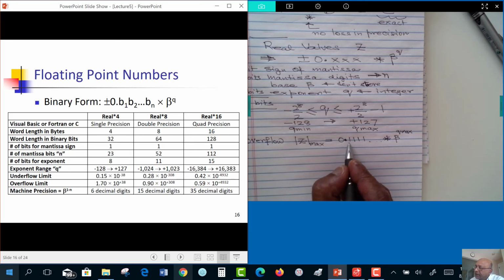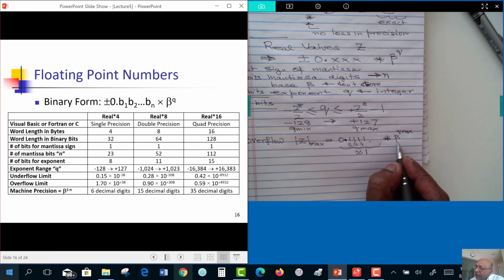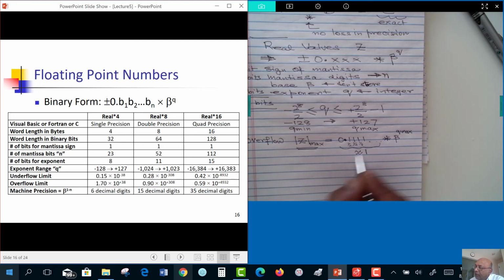So think of this as half plus a quarter plus an eighth, on and on. So this all is nearly 1 in any base. Therefore, our overflow limit is beta to the power Qmax.